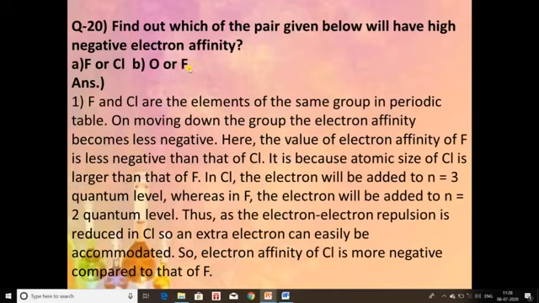So fluorine can easily add one electron as compared to oxygen. Remember, here we are comparing fluorine with oxygen. When we compare fluorine with oxygen, it will easily accept one electron. But when we compare fluorine with chlorine, chlorine will accept an electron easily. That is why the answer is different in these two parts. Here chlorine will easily accept an electron, so energy will be more negative. And here fluorine will accept an electron easily as compared to oxygen, so it will have more negative energy.